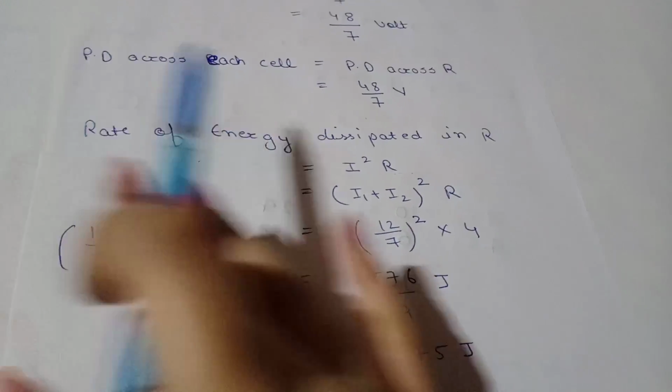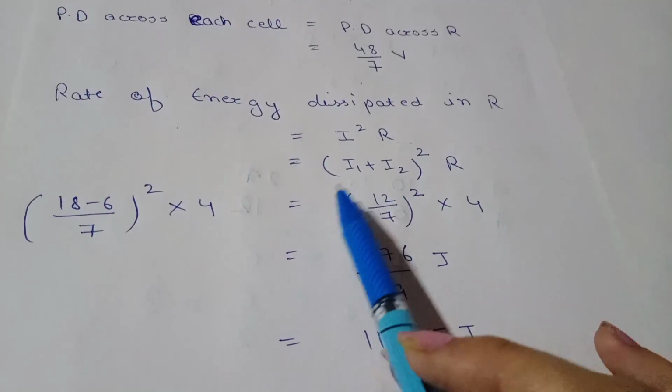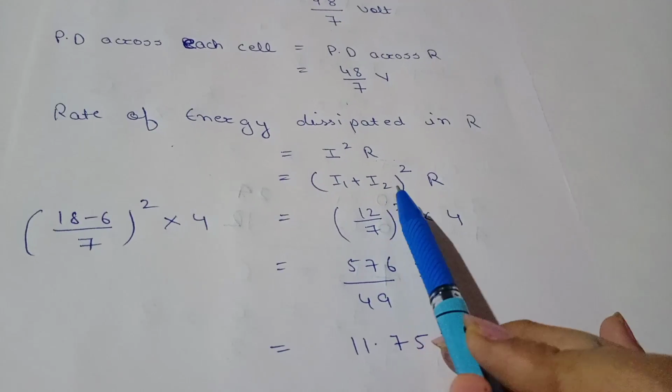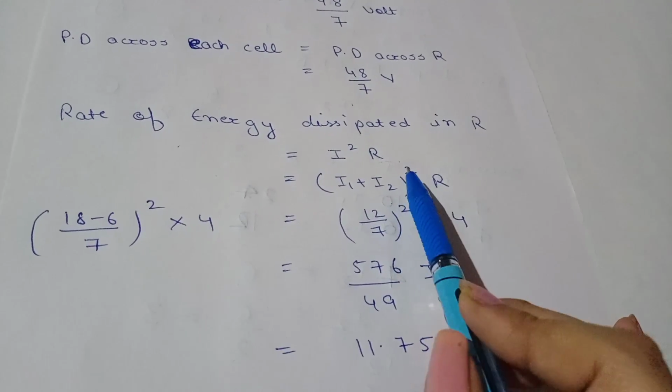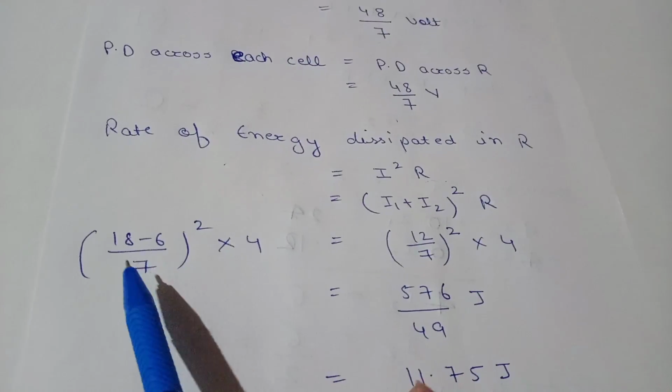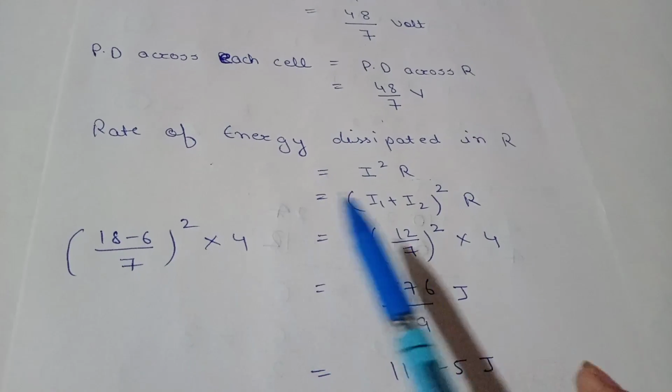So it becomes I1 plus I2 का whole square.